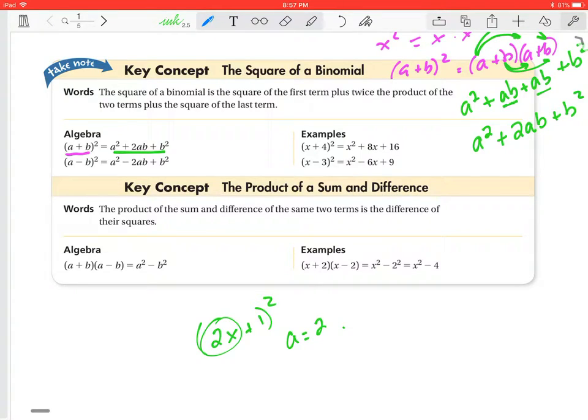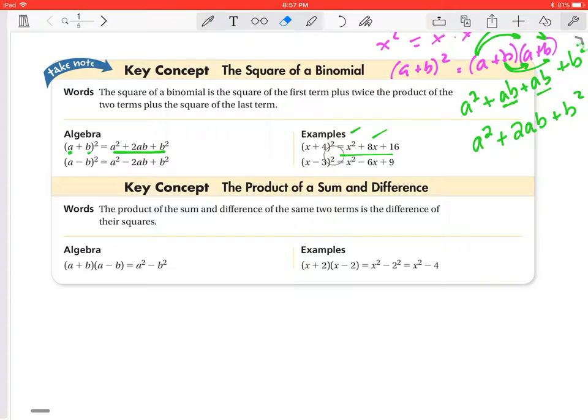Then when I write this out, I need to make sure that I keep an x squared here and an x there. But there's another way that I can think of this so that I don't make any mistakes. I can think of whatever is in that first term as my a value, and whatever is in the second term of my binomial as my b value.